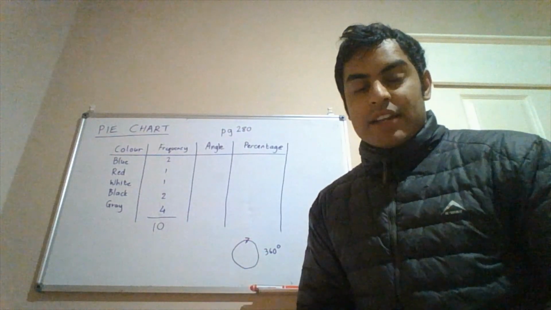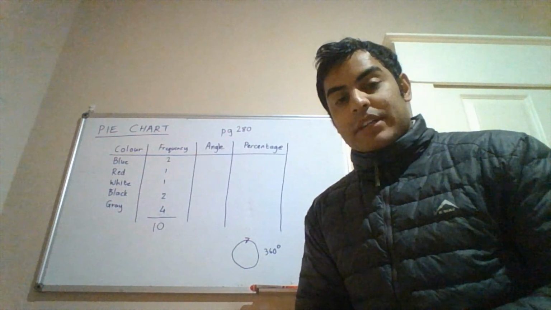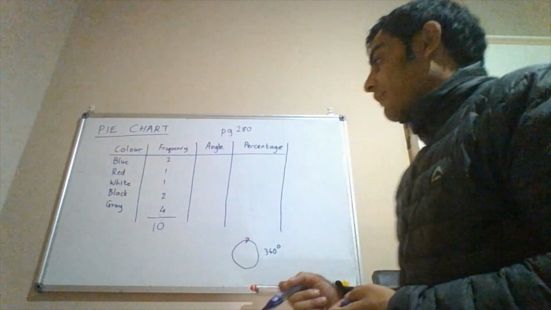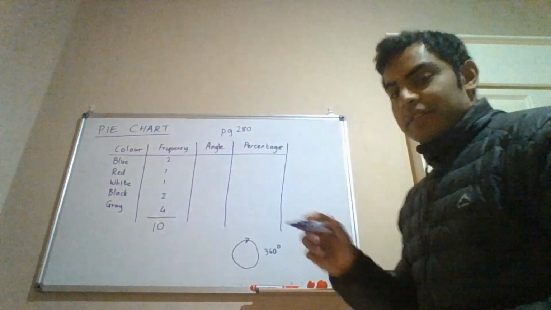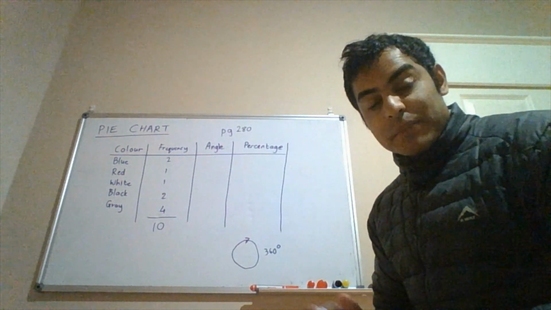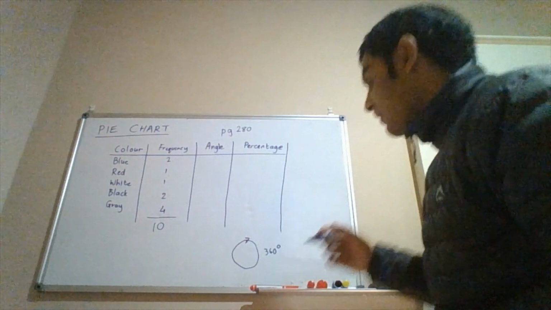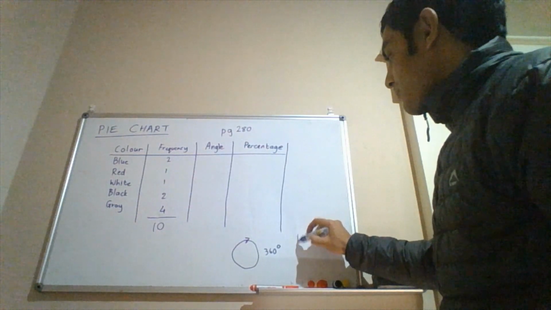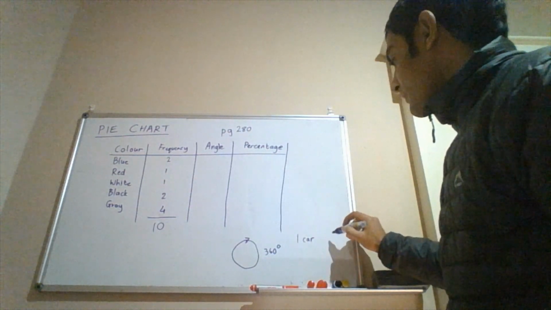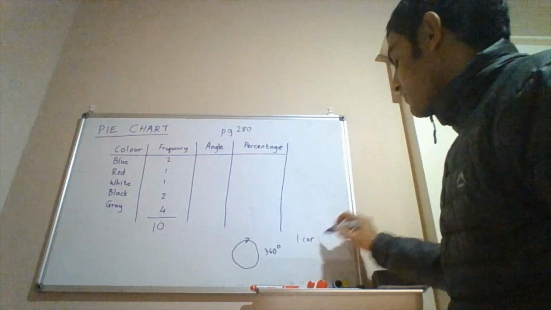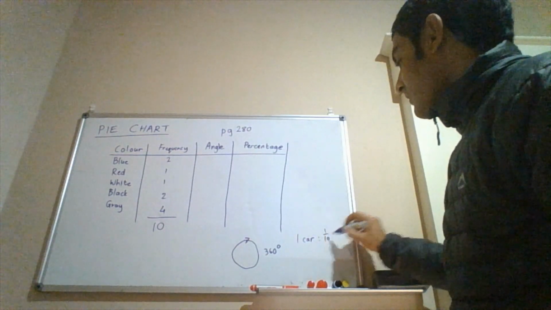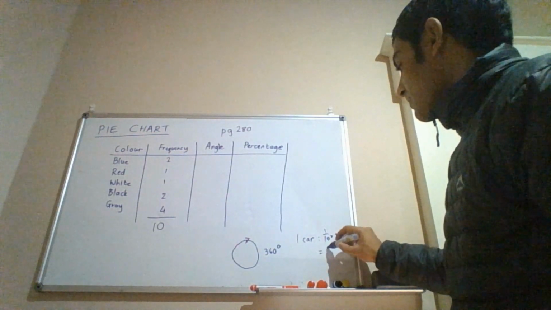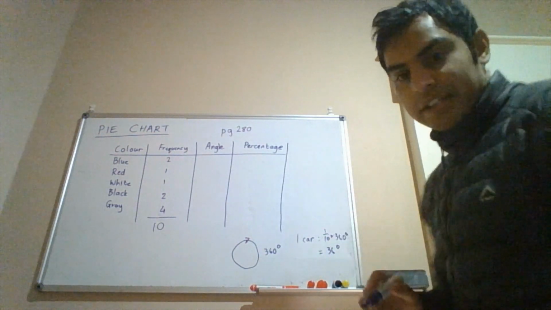So if there's 10 cars sold, and each car is 1/10 of the total, then the sector occupied by each car is going to be 1/10 of 360. So one car corresponds to 1/10 of 360, and that's going to be 36 degrees.